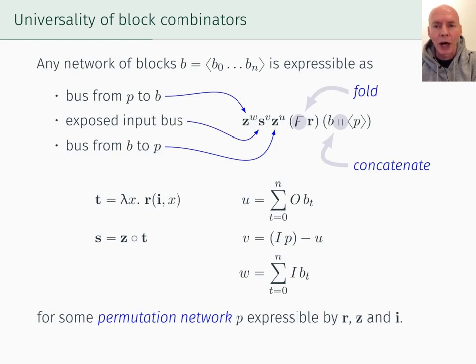And the S operator, defined as Z composed with T, is that of rolling the inputs on a block by one. So the missing piece here is the permutation network. However, if we could show that any permutation network is expressible in terms of the operators rack, Z, and I, then it would follow that any network at all is expressible in terms of those operators.